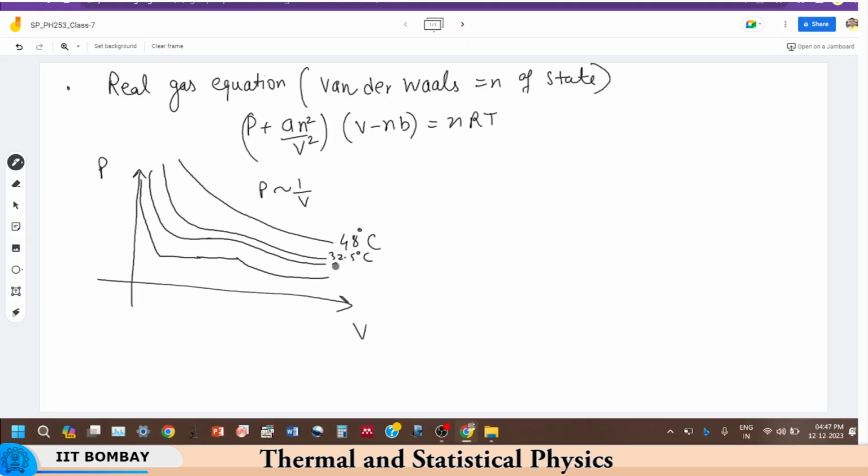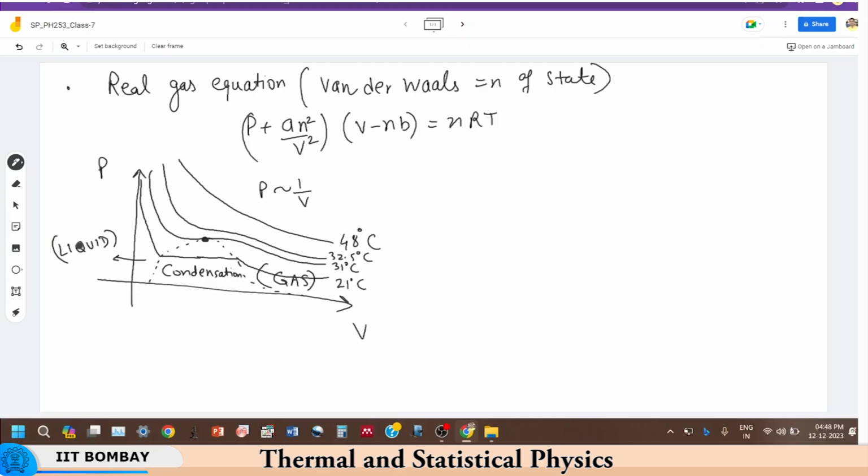The next temperature was 31 degrees Celsius, which was the critical temperature, and at even lower temperature like 21 degrees Celsius there was a plateau. He also observed that inside this region there was phase transition. So this is condensation. Here the carbon dioxide remained in gas phase, and here the carbon dioxide was completely liquid.